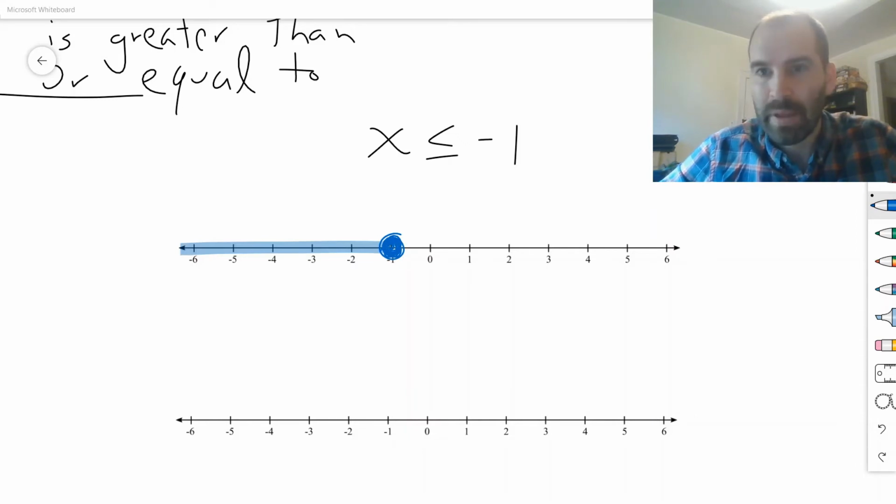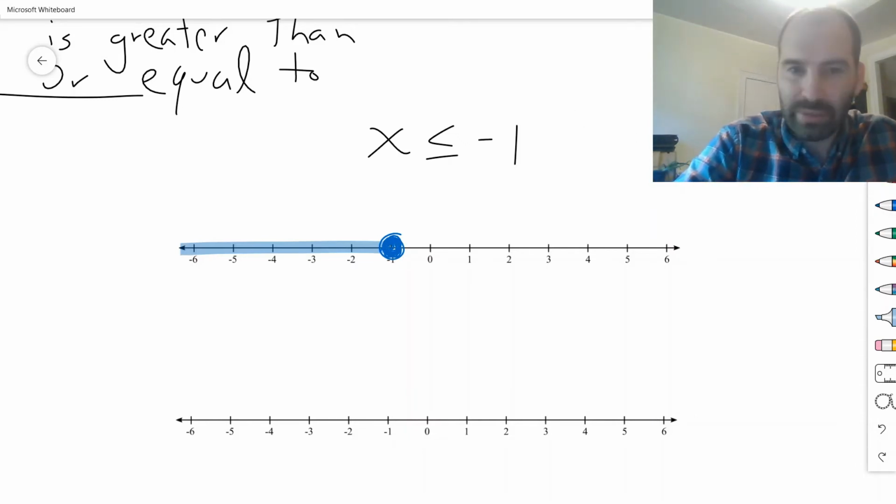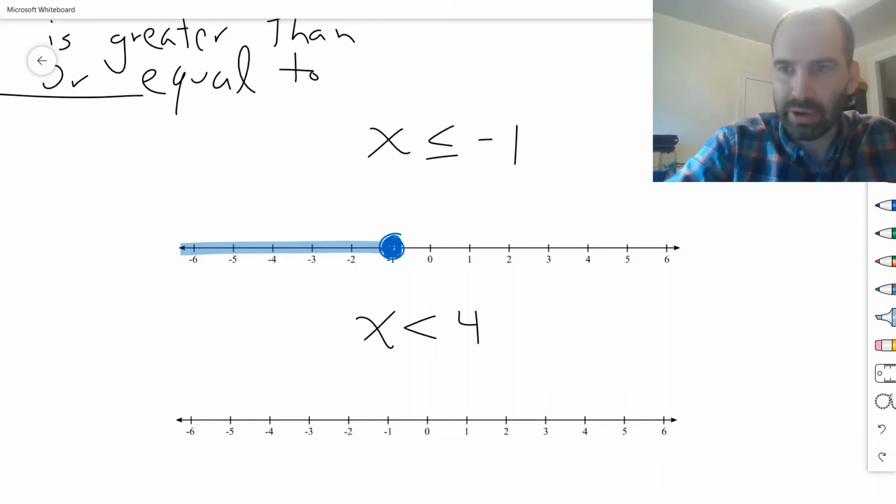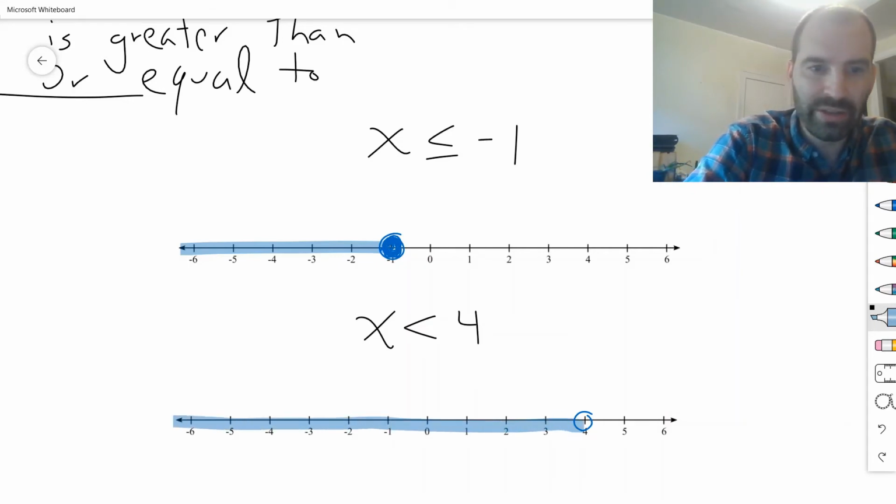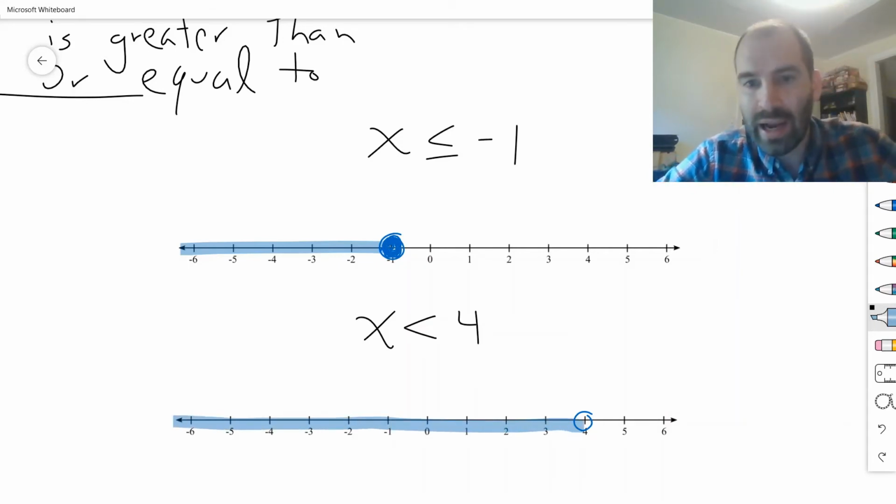Okay? And let's talk about one more. Before we go on, we'll talk about x is less than 4. What about less than 4? Well, here's 4. To be less than 4 means we're to the left, right? So I'm going to shade these to the left. And I'm not going to shade in the 4 because we're strictly less than 4.